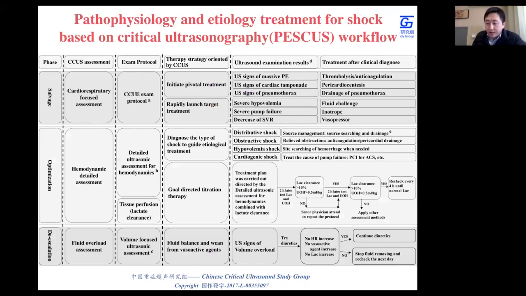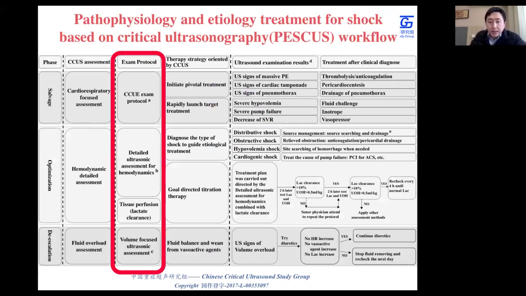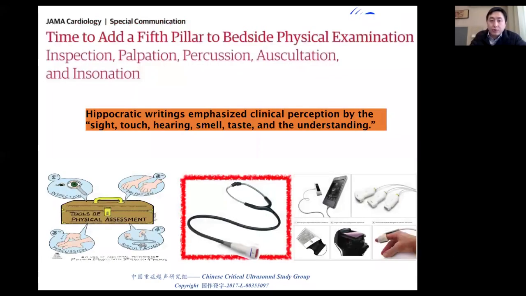We do not spend much time to introduce this, as you can get more information from the paper. We'll emphasize that the base of the workflow is the examination of critical care ultrasound. So we'll go to the examination of critical care ultrasound.